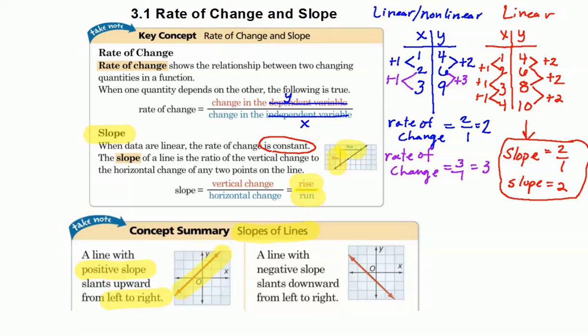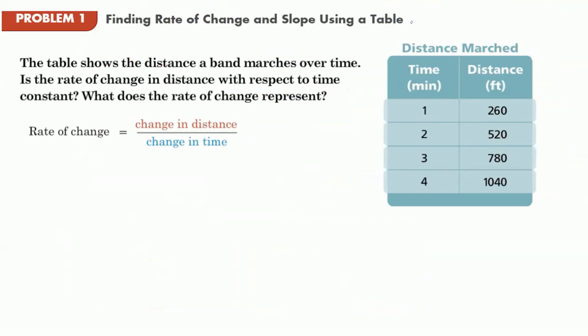If you have something that is moving downward from left to right, that is considered a negative slope. We'll show how you can tell which way it's going, so you don't have to necessarily memorize which way it's supposed to point. Okay? So let's go into more detail about the rate of change and slope.